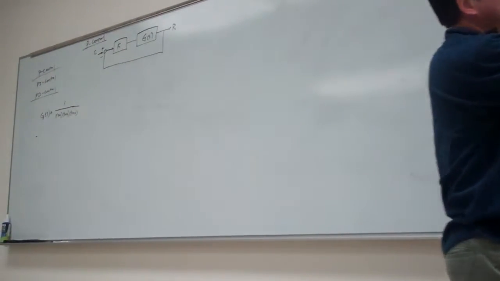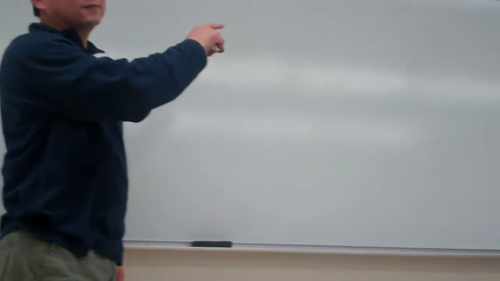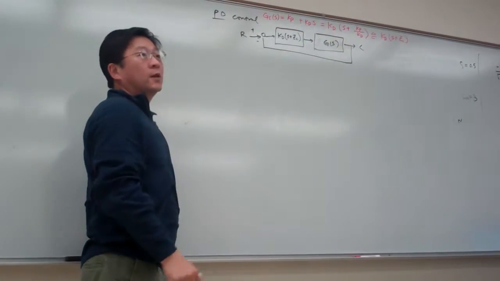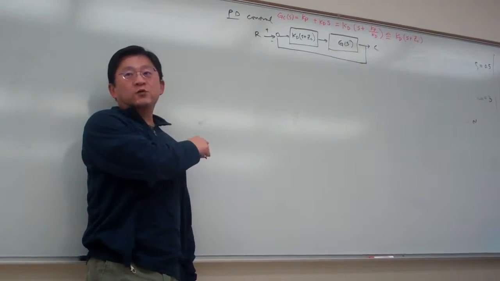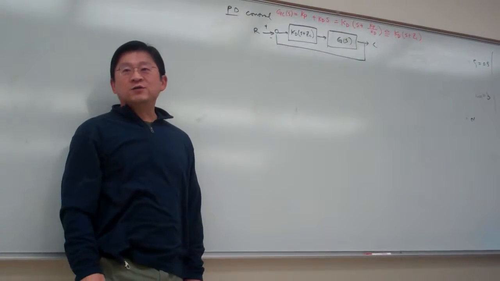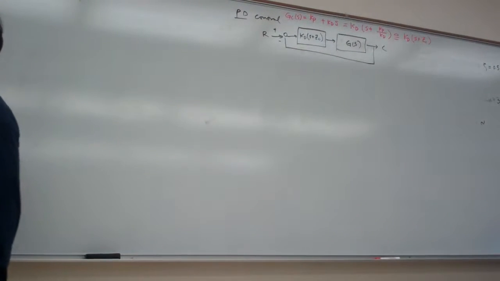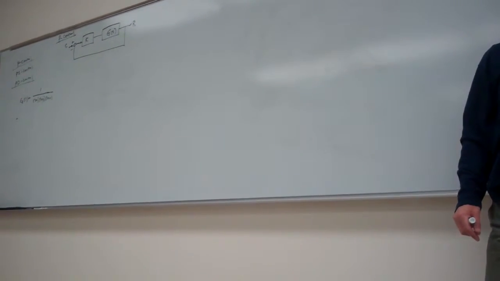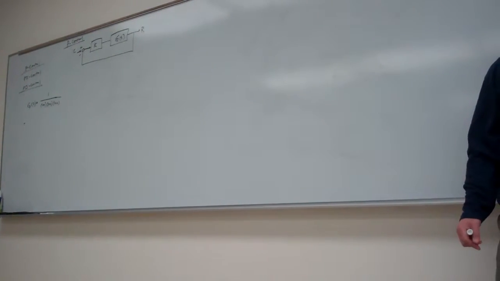Here we have two controller gains, K_P and K_D, or we want to tune K_D and Z_C. Here we have two controller gains we want to find to meet certain specifications. And for P control, we only have one.